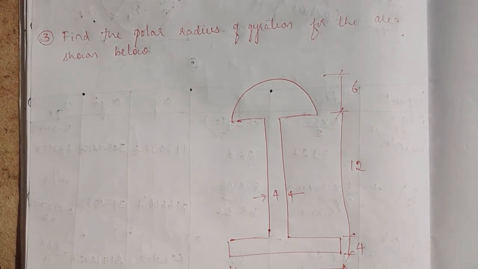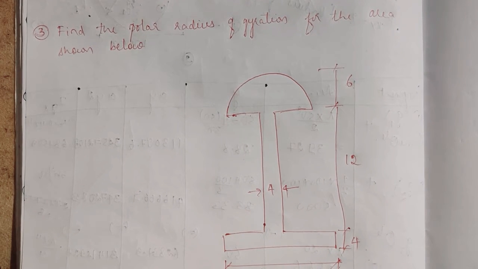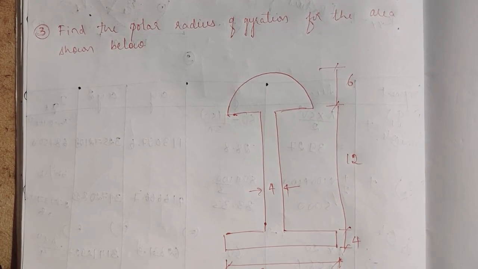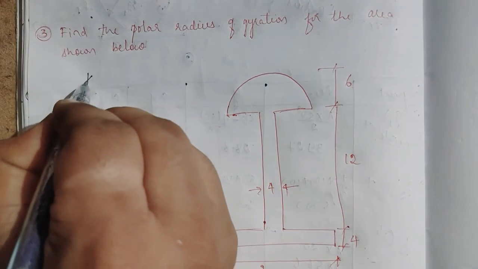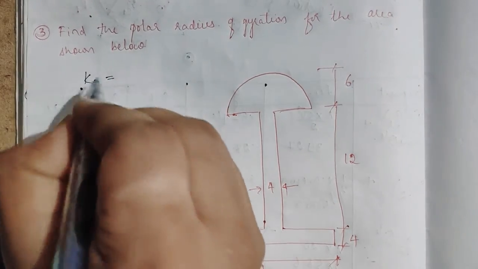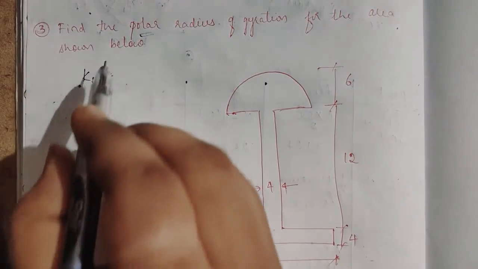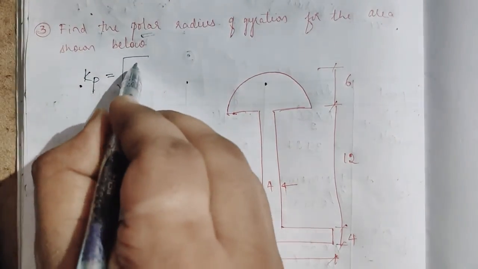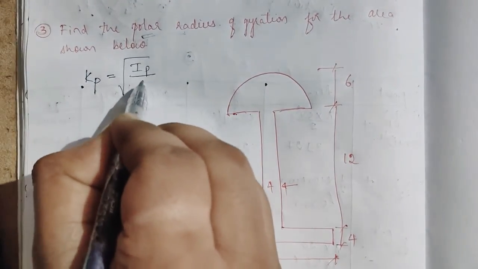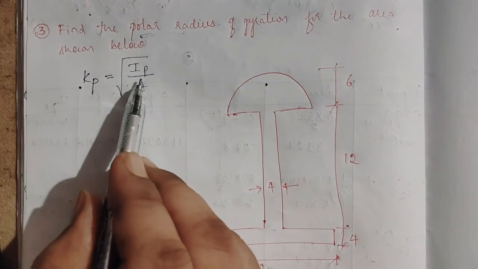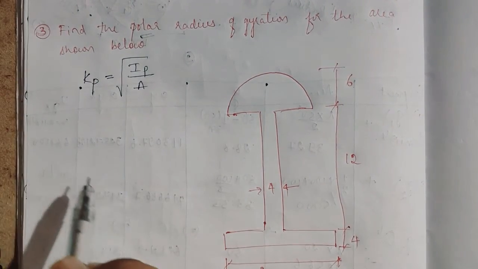The third problem is to find the polar radius of gyration for the area shown below. It's a different problem. So we have to find kp, the polar radius of gyration. To find kp, I want Ip divided by area. So to find Ip, I need the centroidal axis.